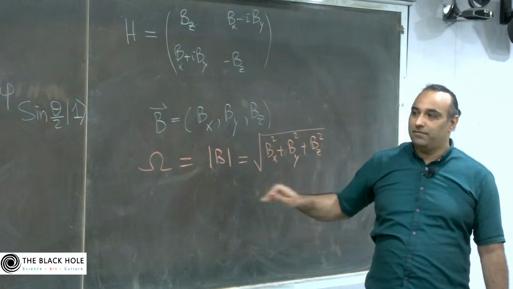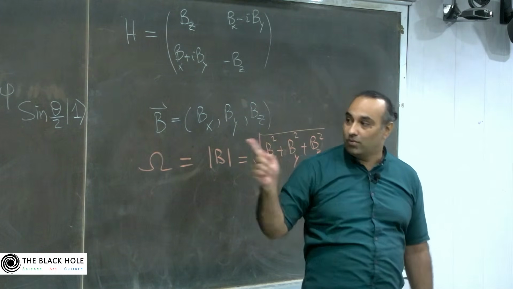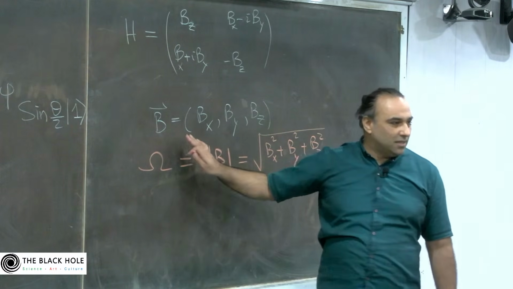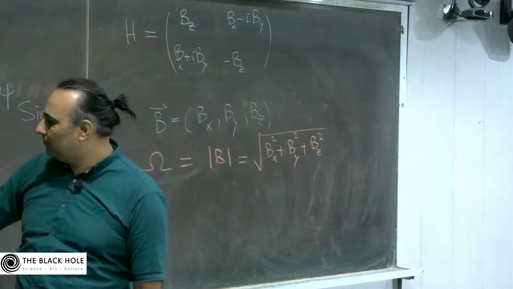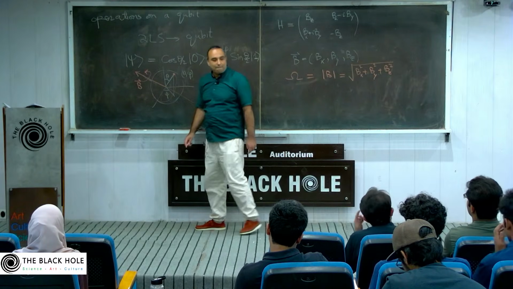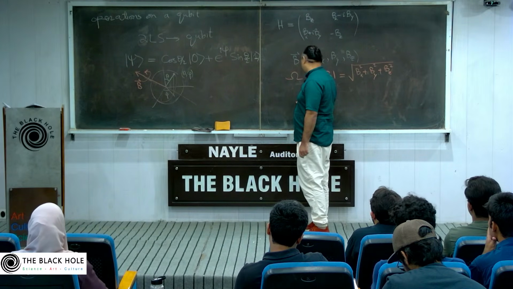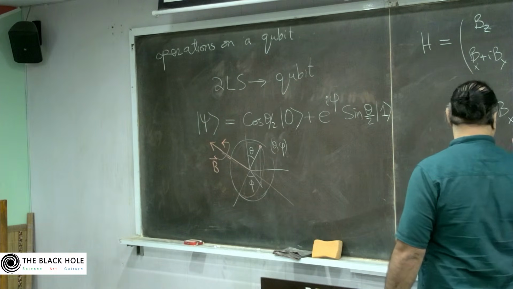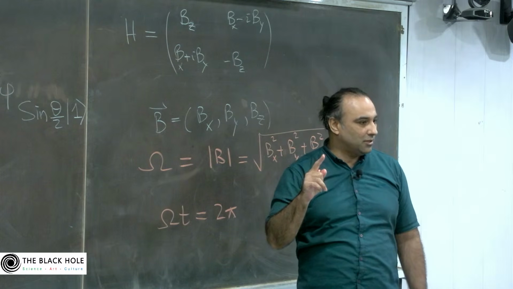So that's the frequency with which this state would revolve on the Bloch sphere around this direction. That's the dynamics. Now, if we start from here and evolve this system for a time where omega t is equal to 2 pi, then the system will come back to its original position.